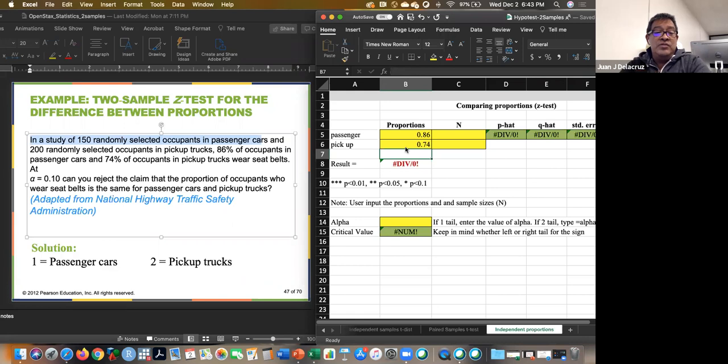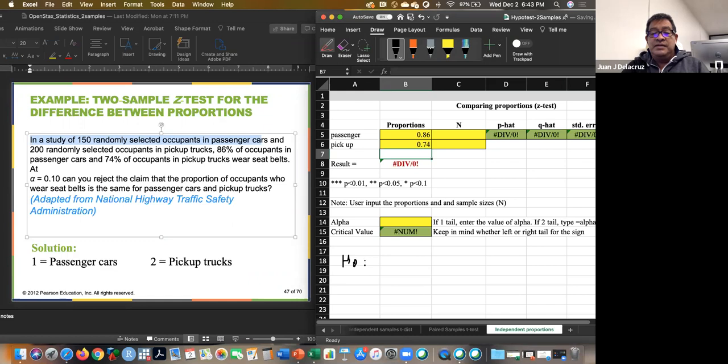So can you reject the claim that the proportion of the occupants who wear seat belts is the same for passengers and pickup cars? Of course, if I have my hypothesis here, my H sub 0 is going to be the proportion 1 is equal to the proportion 2.